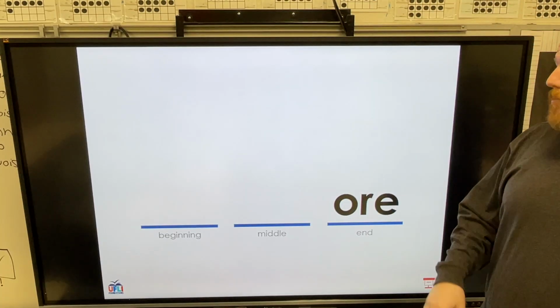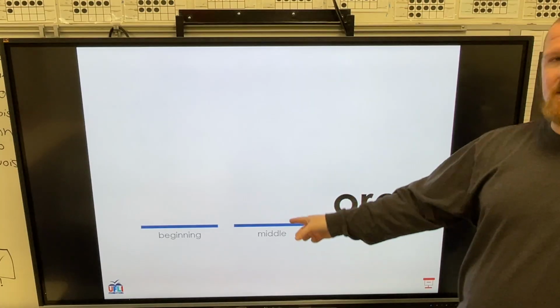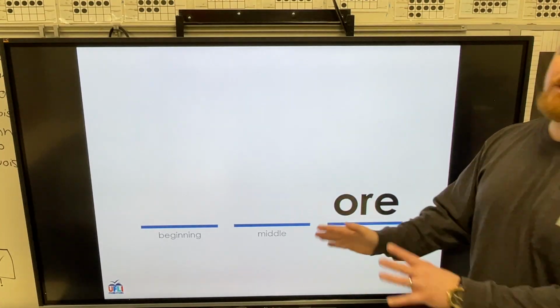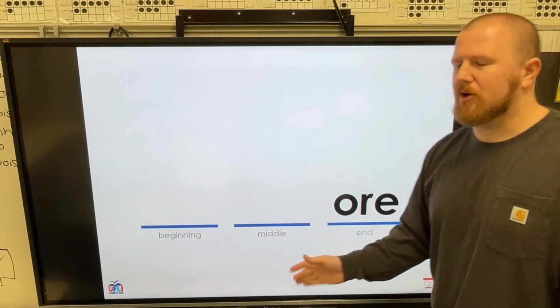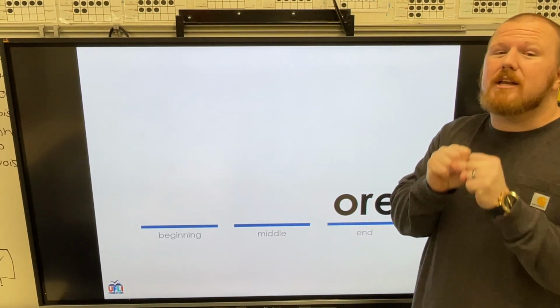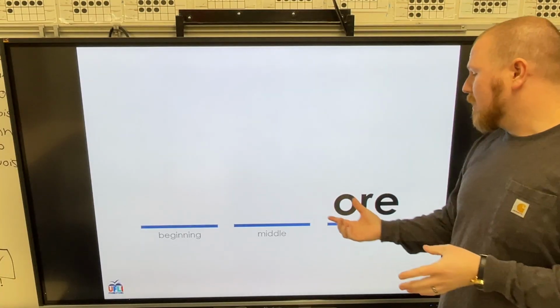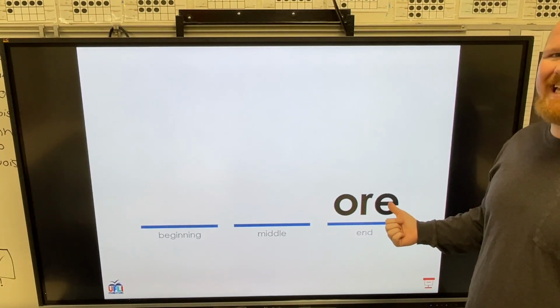Okay. Now, the ORE. Notice how they didn't put it in the middle. The reason why most of these start by putting it in the middle is because of its vowel sound. It actually doesn't have like a vowel sound. It is R controlled. So the R changes the way that we say it. This isn't O-R-E.